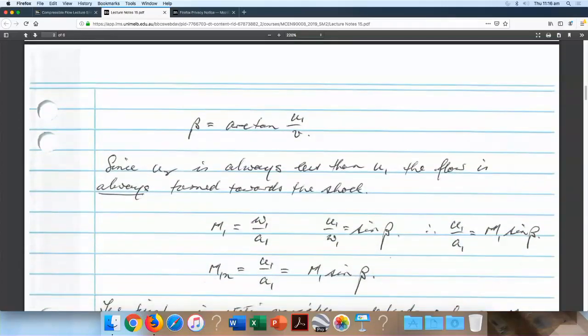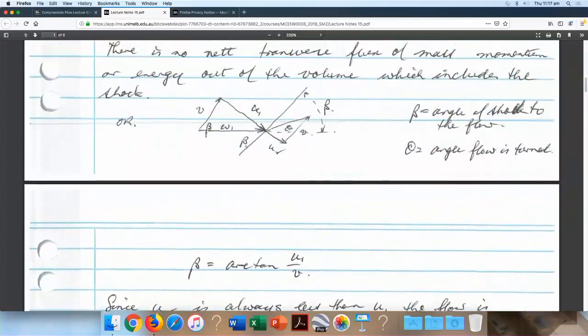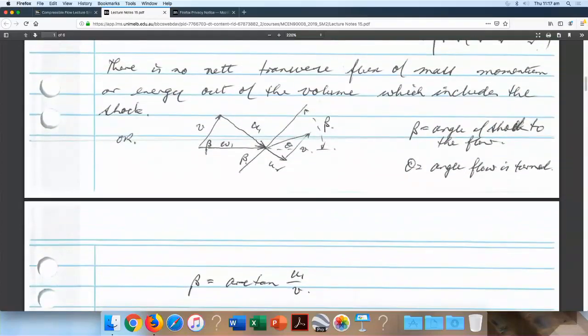So now there is some algebra that's unfortunate in a way. We're going to define M1 as the total velocity W1 divided by A1. So since W1, I better go back to my figure. W1 times the sine of beta is U1.